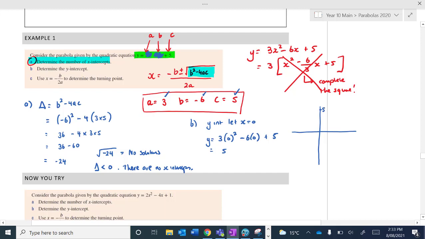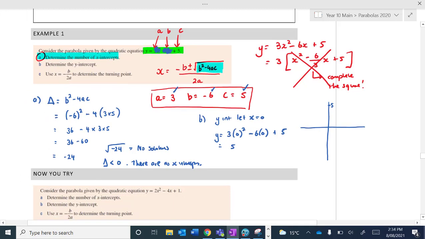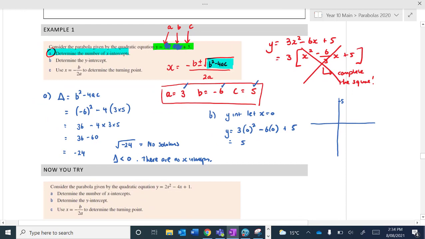Now it says use x equals minus b on 2a to determine the turning point. So whenever you're using this quadratic formula, there's another rule here, which is that the x-coordinate of the turning point is at x equals minus b on 2a. Well, what is b and a?